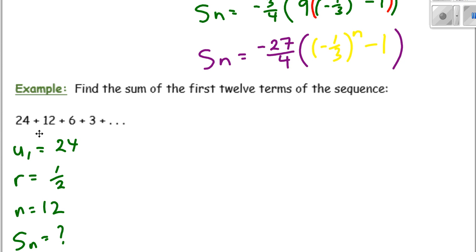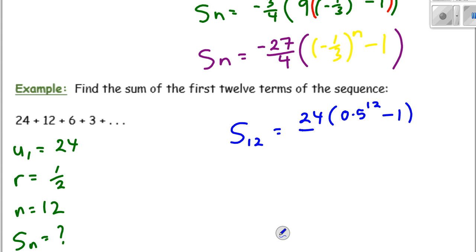So the sum of 12, u of 1, 24, brackets, r to the power of n. If you want, you can write a half, or you can write 0.5, because that does become a finite decimal. So you can write a half to the power of n, or you can put 0.5 to the power of 12. That might be easy to put in your calculator. Minus 1 all over r minus 1.